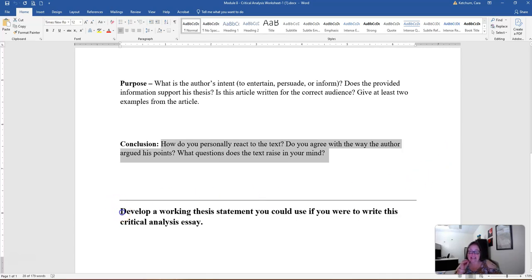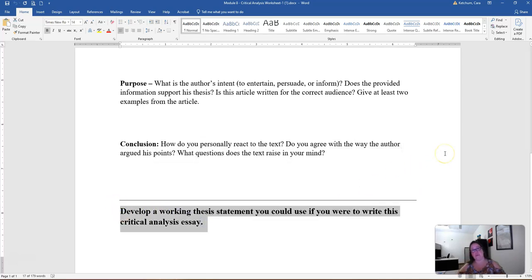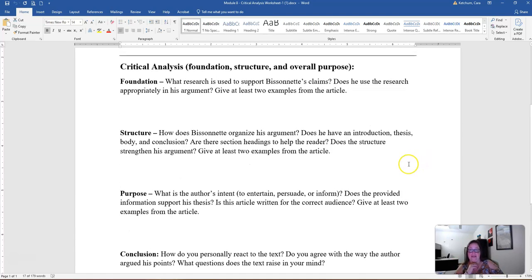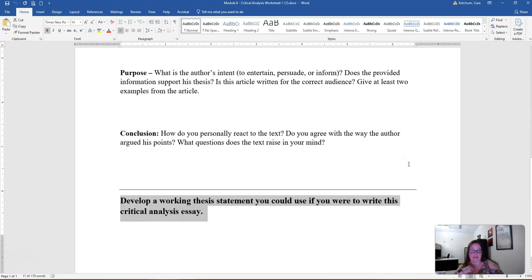And then this last part here, if you were going to write this essay, because basically these are just your notes. If you're going to write this essay, what would be a working thesis statement? Zach Bissonette effectively argues his article. Zach Bissonette is ineffective in his argument. And one can see this by reviewing his foundation, structure, and purpose.